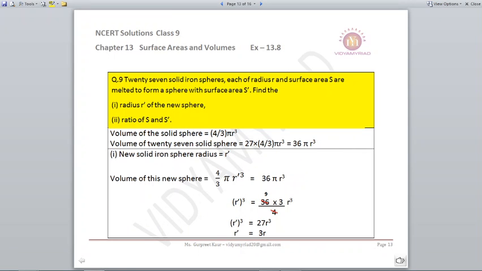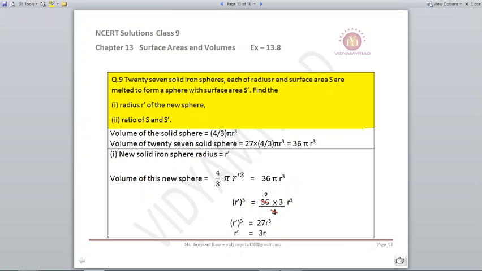Question number 9. 27 solid iron spheres, each of radius r and surface area s, are melted to form a sphere with surface area s dash. Find the radius r dash of the new sphere and the ratio of s and s dash. Now volume of solid sphere, we know it is 4 upon 3 pi r cube. That is for 1. We need for 27.